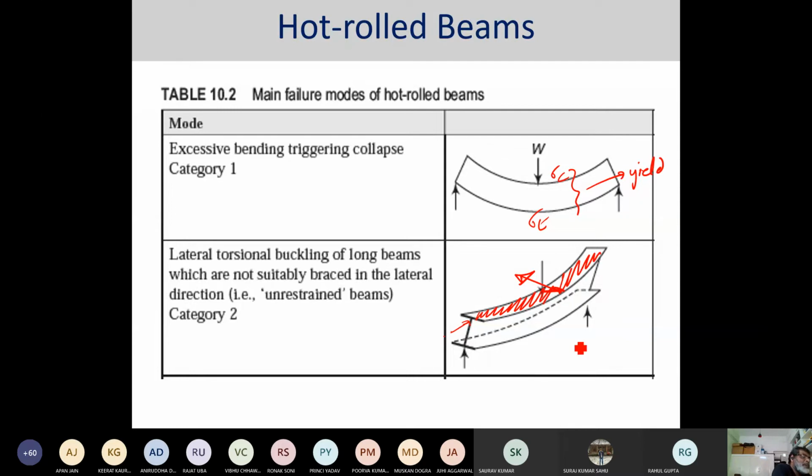The compression flange can be thought about as a column, a member which has an axial load, and there is flexure. So you can end up getting a lateral instability because of that. Of course, we'll calculate how you can work that out in the later part of this course, but you can understand this, that because of your compression here, this flange can buckle. Is this making sense?